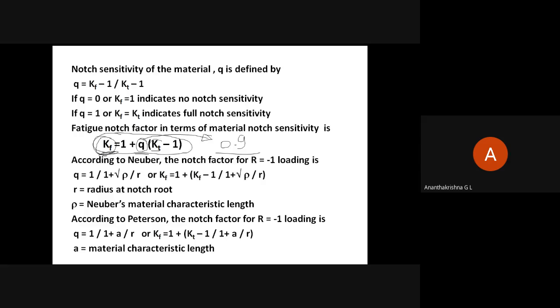If not given, we take 0.9 as the value of Q. This is what the fatigue notch factor is all about. This we have learned in our DME1 design for fatigue strength, chapter number 3.